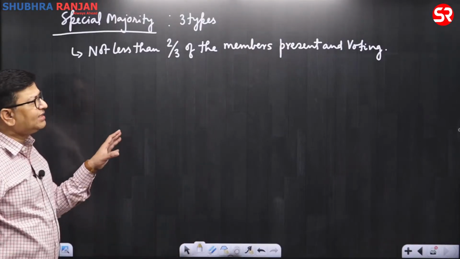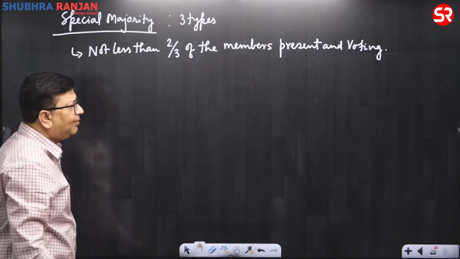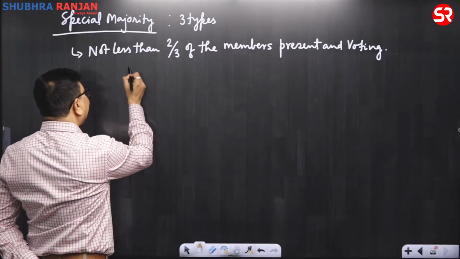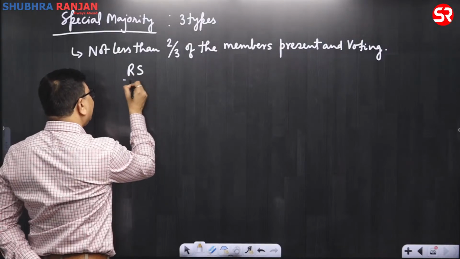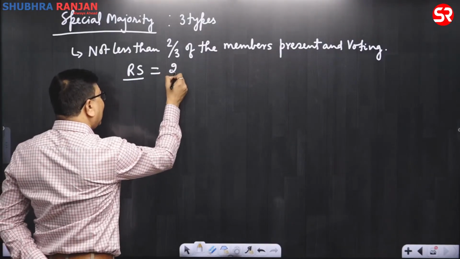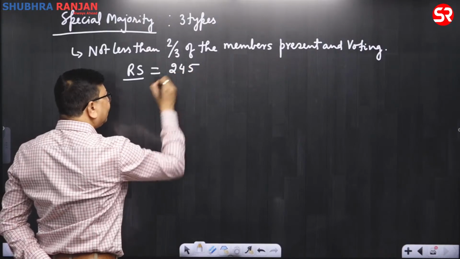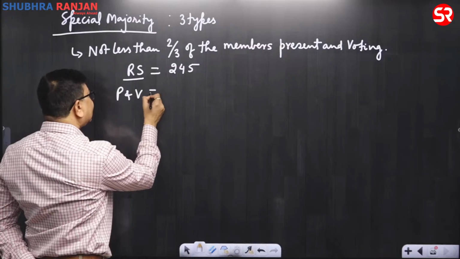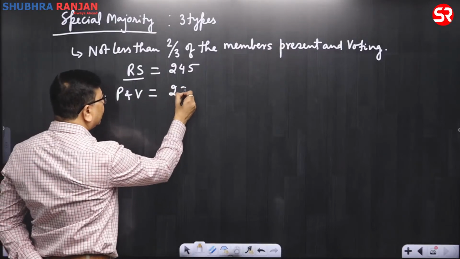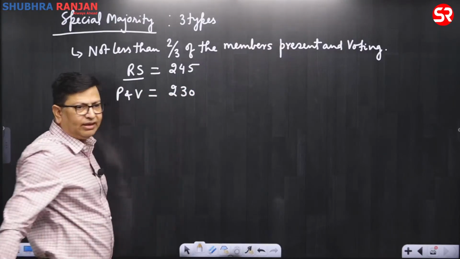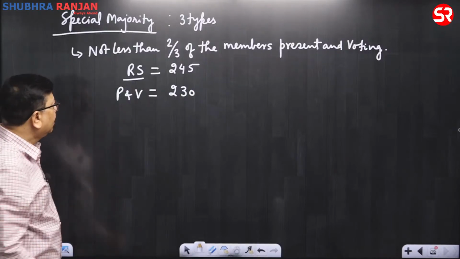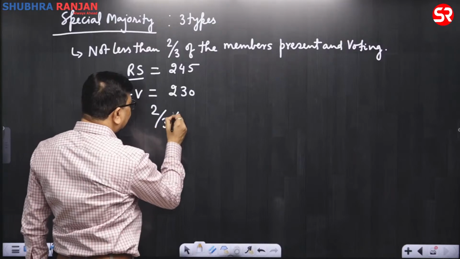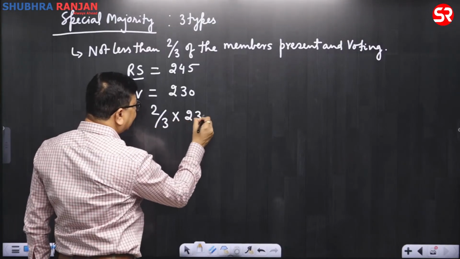It is not less than. For example, suppose in the Rajya Sabha we have a strength of 245. Out of that, present and voting are 230. So here this majority will be two-thirds of 230.